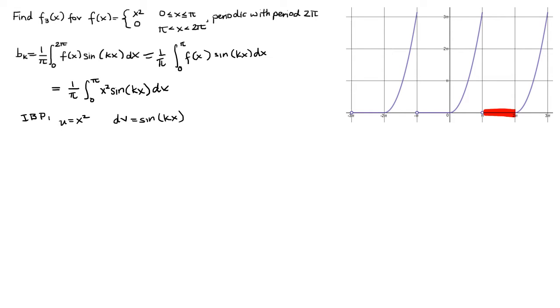We differentiate x squared and we get 2x, and we differentiate again, we get 2 and then 0. And sine of kx integrates to negative cosine of kx over k. And that integrates to negative sine of kx over k squared. And then we integrate that to cosine of kx over k cubed.